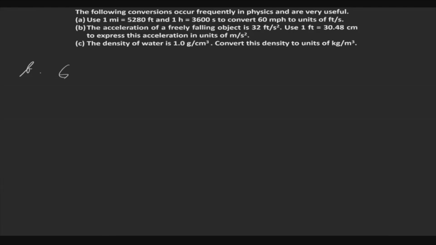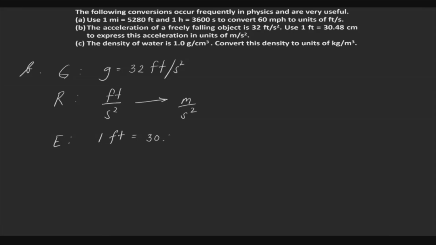So our given is the acceleration of the freely falling object due to gravity, which is equal to 32 feet per second squared. And we are required to convert feet per second squared to meters per second squared. For our equation, we have the conversion factor 1 foot is equal to 30.48 centimeters. Let's plug that into our solution.